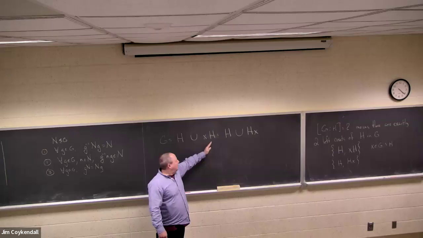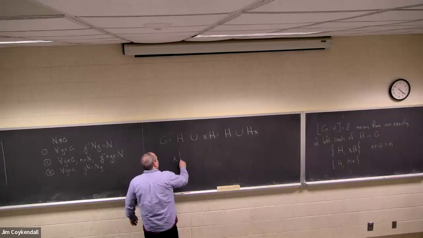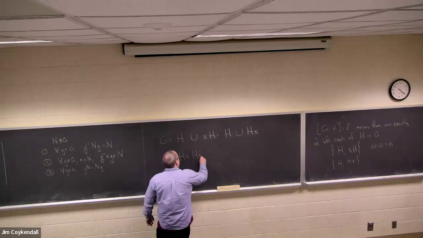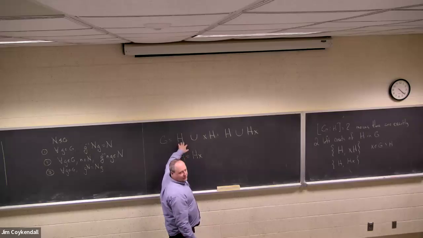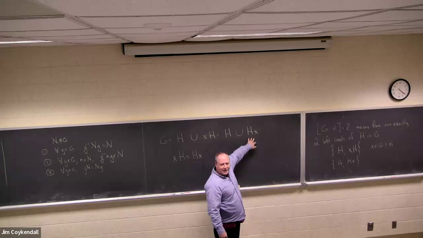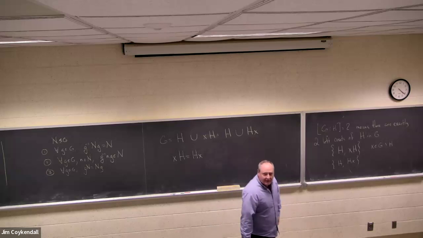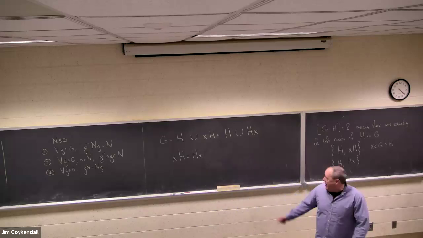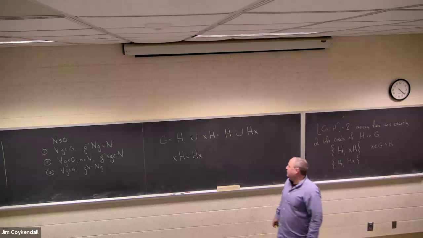Agreed? So what can we conclude from this? It must be the case that this is H and this is the other half. This is H, this is also the other half. So the other halves have to be equal. Everybody agree with that? And there you go. So H is normal in G.